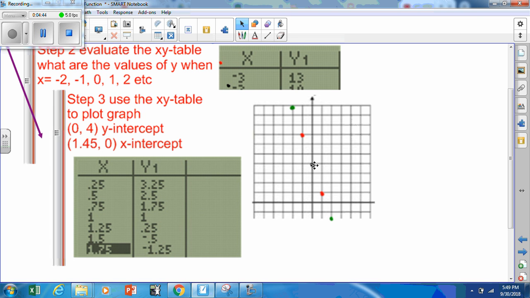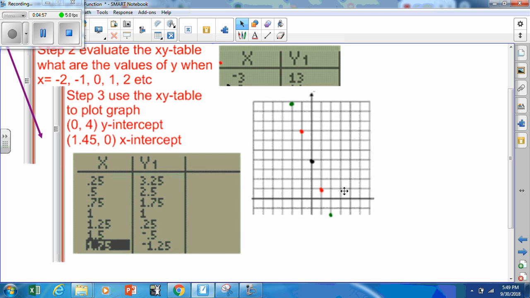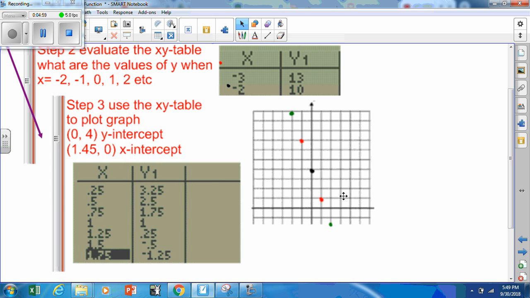All right, and so finally, we had to graph a line, and this should fit perfectly. All right, next question.